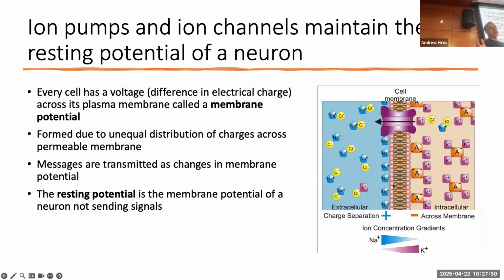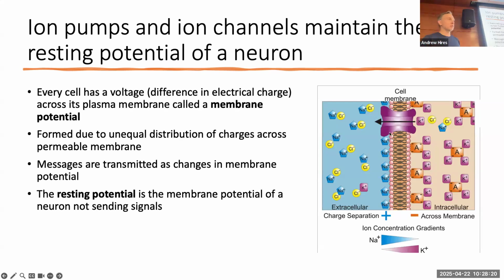If not much is happening, if we're not changing anything, the default state of a cell membrane is usually around -70 millivolts, and that is the resting membrane potential. So that means the inside is 70 millivolts more negative than the outside of the cell. A volt is just a measure of electrical charge difference. So there's this separation of positive and negative charges across this very thin membrane.